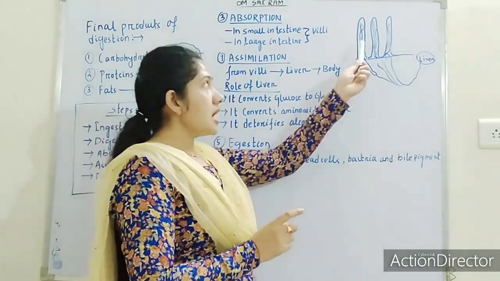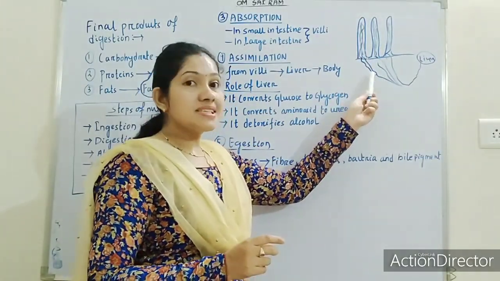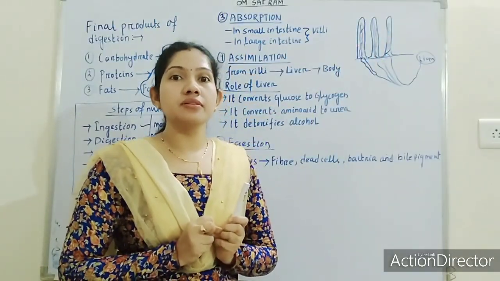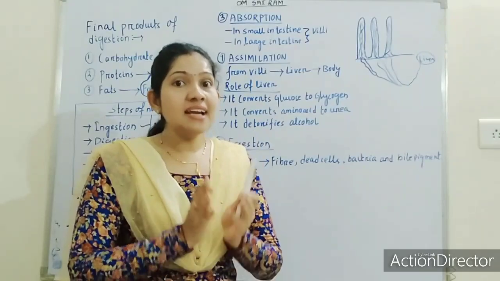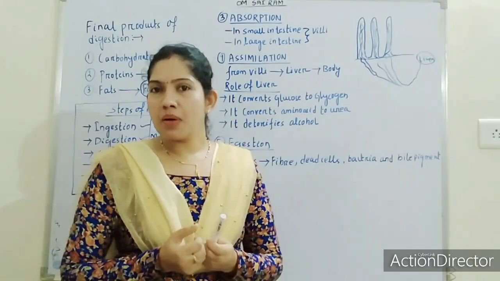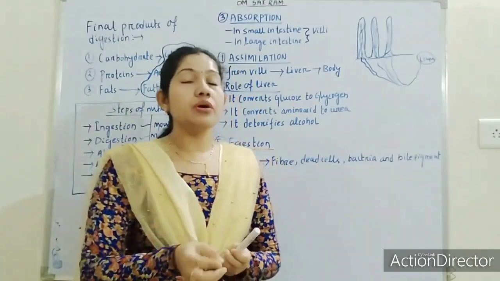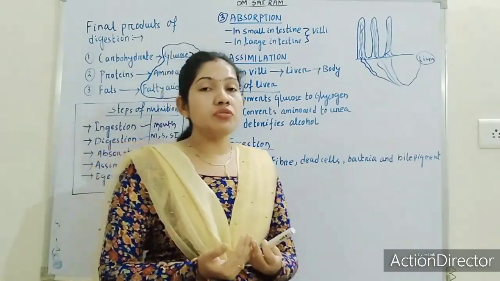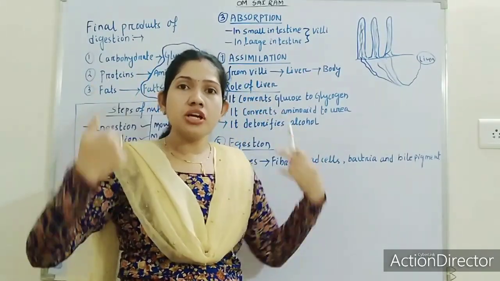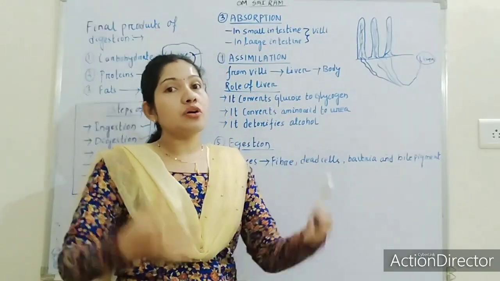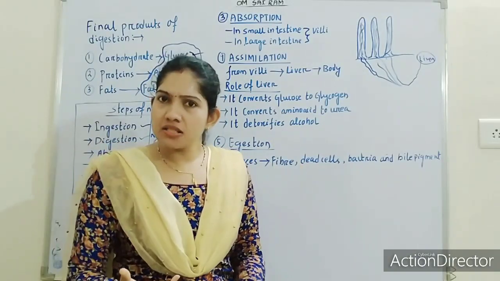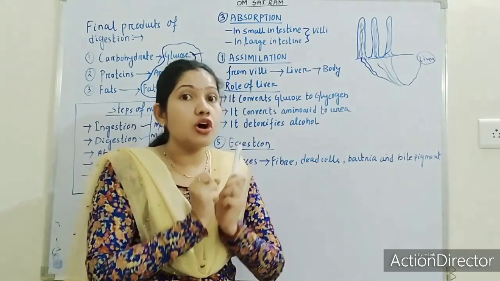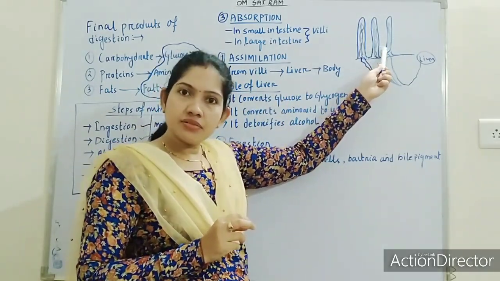When the absorbed nutrients are sent to the liver, the liver will take those nutrients and send them to all the body parts. As I said, the nutrients that we get from the food need to be transported all over our body, so that all our body parts are energized. So the digested nutrient is first absorbed by the villi.